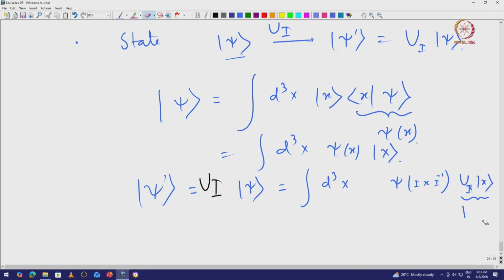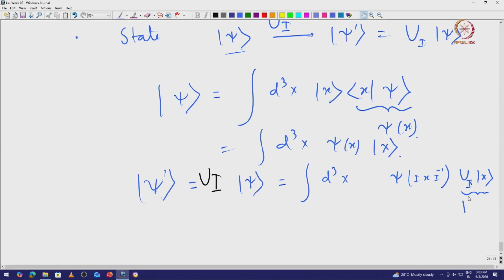Okay, I am going to do it twice, so let me just do it once. So either I do it in the space time, and this is just a scalar number, so I will just keep it like this, or I can act it on the ket state and not do anything to the eigenstate, the wave functions. Both will give us the same result, and this is by definition minus x.